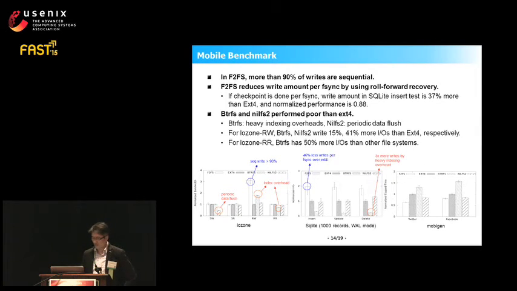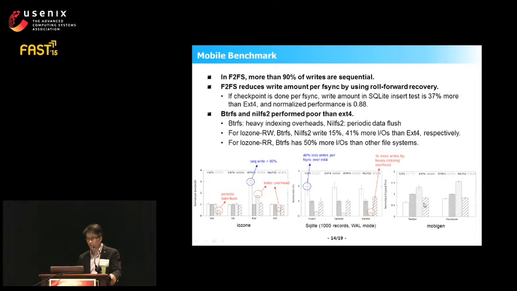In the case of mobile, F2FS has more than 90% sequential writes. That gives better performance in the random write case, about 3 times over ext4. In the SQLite test case, we have 46% fewer writes per Fsync over ext4, so that gives nearly 2 times performance gain over ext4.